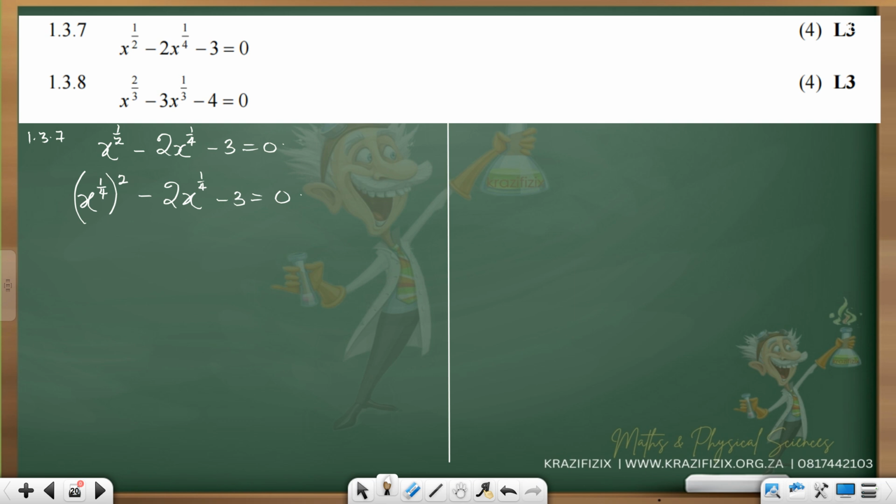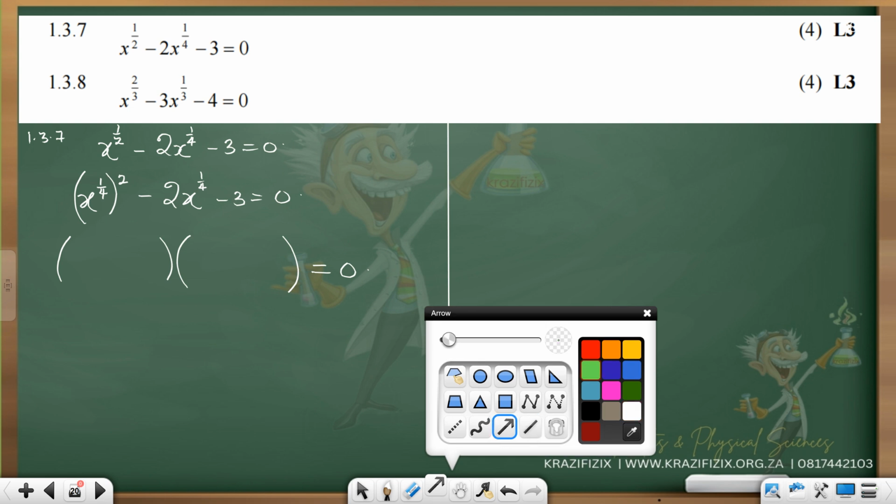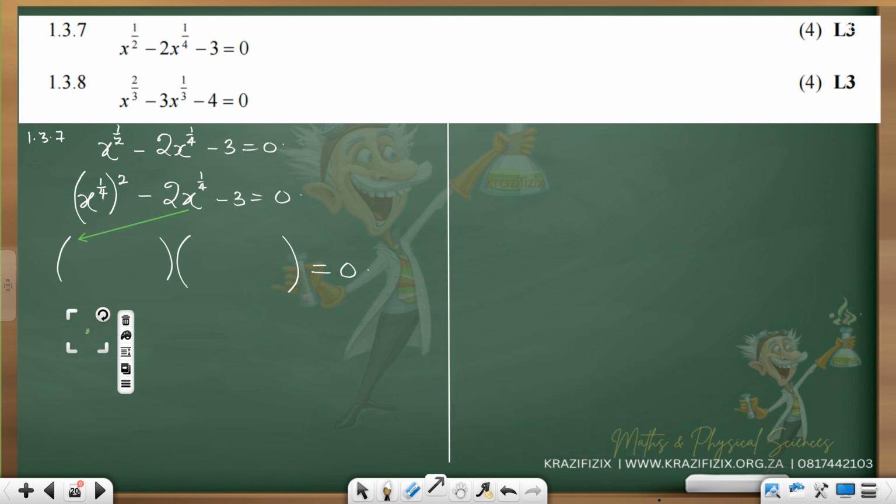I can bring in the k method. Or, let me show you something different this morning, I can open two brackets instantly. So this becomes x to the power 1 over 4, x to the power 1 over 4.